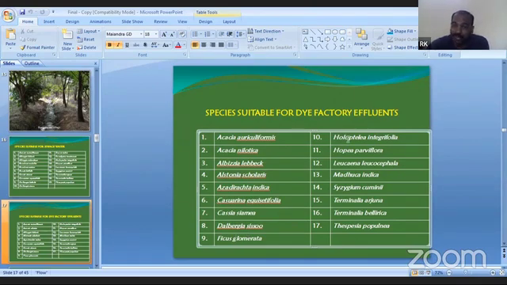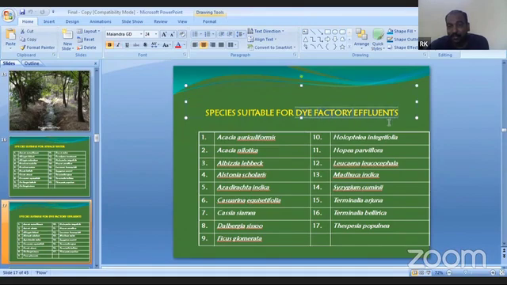And Holoptelea integrifolia, Hopea parviflora, Bauhinia leucophloea, again it is a sandal. Madhuca indica, in Tamil the name is Iluppai. Syzygium cumini, Terminalia arjuna, Terminalia bellirica, Thespesia populnea. These are the covers in the dye effluent factory.